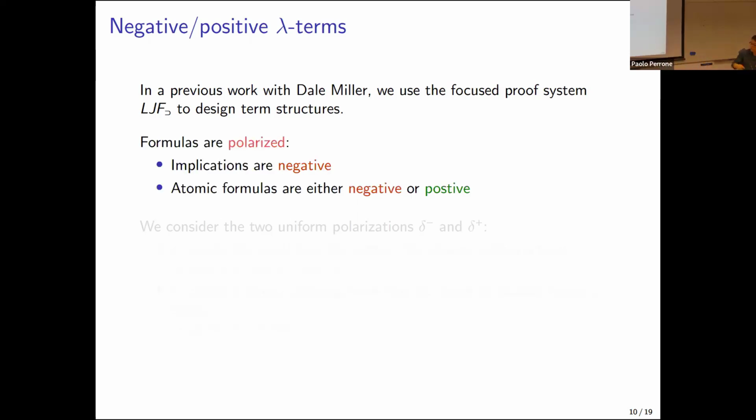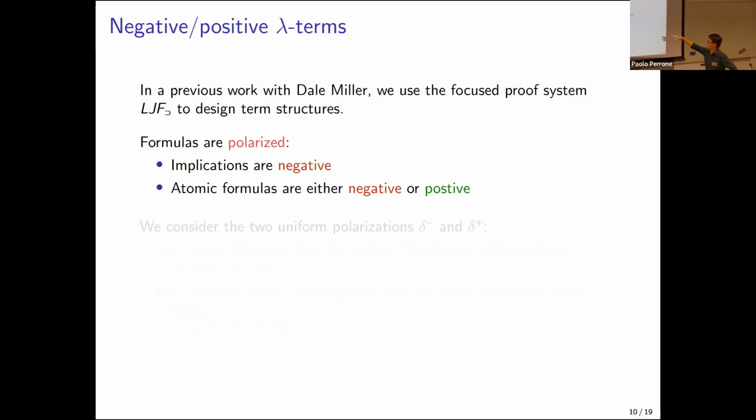We only look at the implicational fragment of this proof system. In this proof system, formulas are polarized, and implications are always negative, because implication is negative to negative. So the right introduction rule for implication is invertible. The atomic formulas can be either negative or positive.